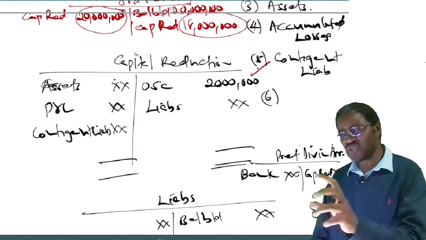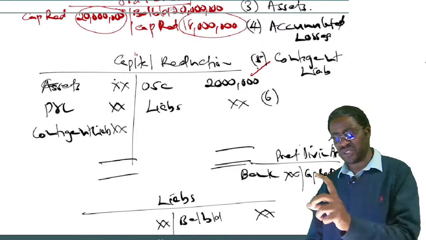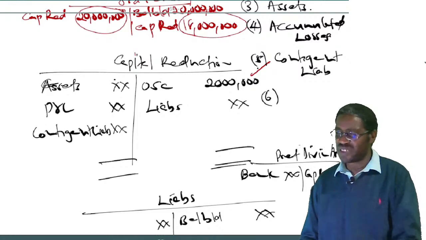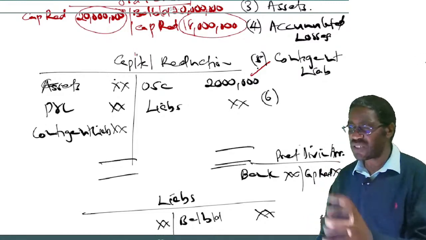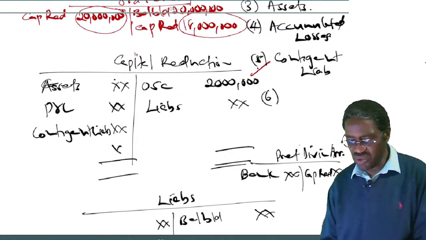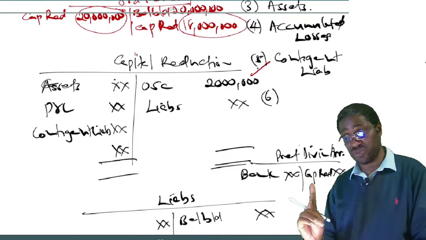But there are times when you realize that there is a balance. After implementing the scheme, there is a balance in this account. And in most cases, that balance could be on the debit side of this capital reduction.